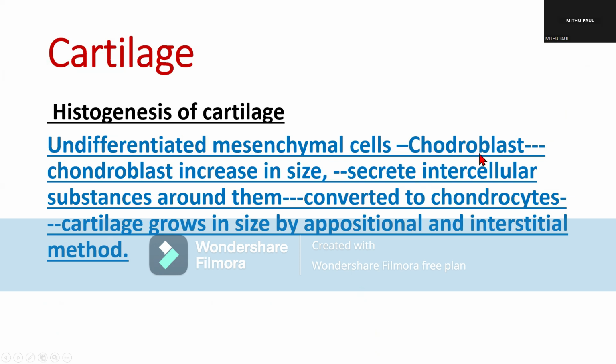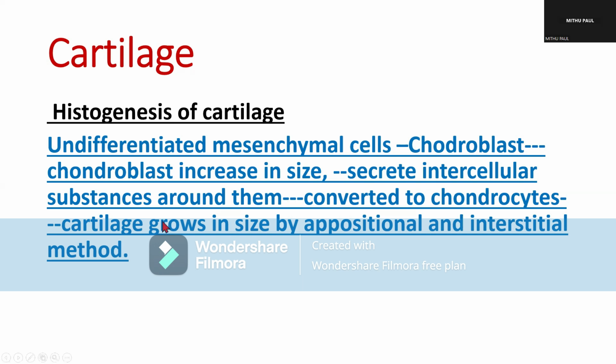The chondroblast increase in size. As they increase in size, they proliferate also. And at the same time, they secrete the intercellular substances surrounding them. And they are themselves converted to mature chondrocytes, which lose or lessen the capacity of proliferation.